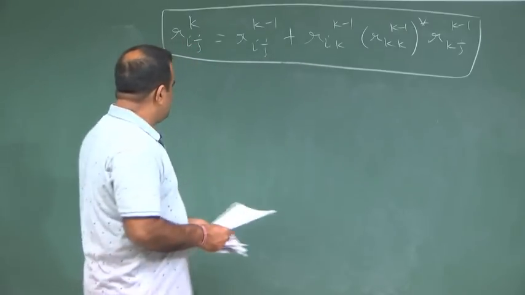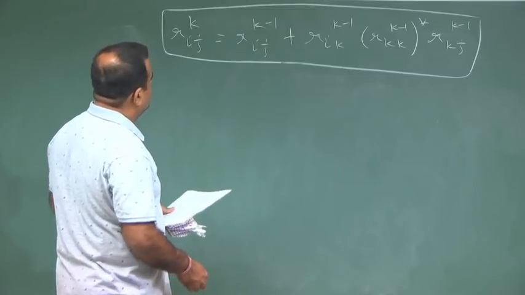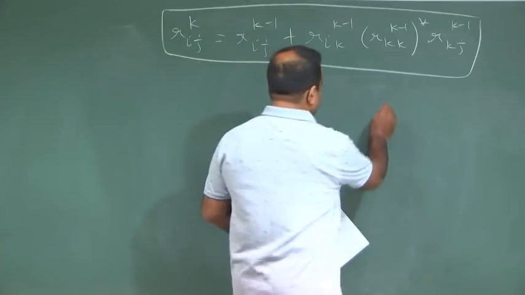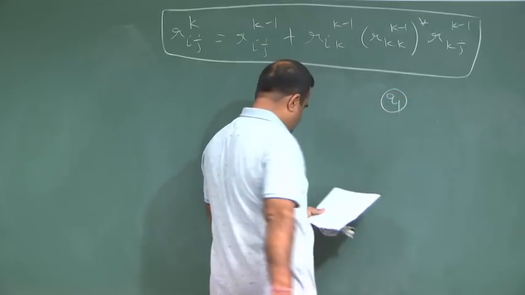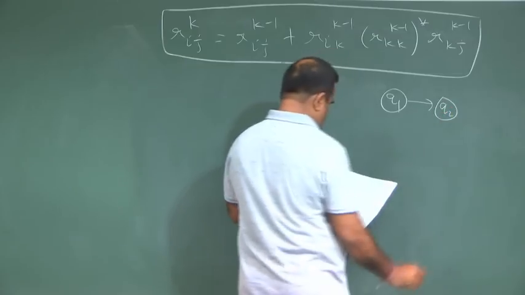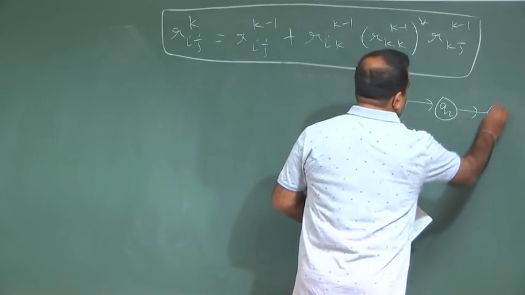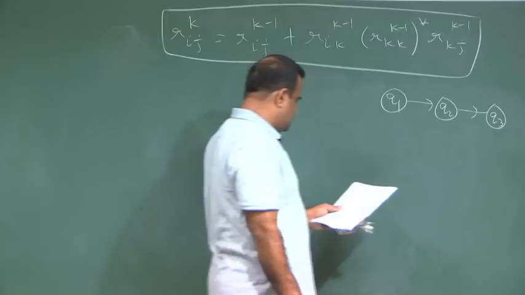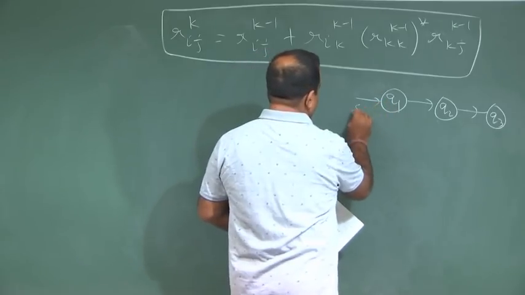Okay, suppose we are given this DFA. Let us write this here. We have 3 states, Q1, Q2 and Q3, and Q1 is the starting state.